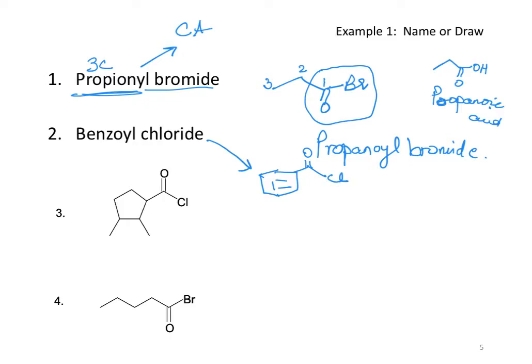We did COBr previously. If you were to look at the third one at this point of time, I would encourage you to pause me and then compare your answer with mine. The starting point for numbering should be the COCl, the carbon attached to that. So that's position 1. That means this is the cyclopentane.